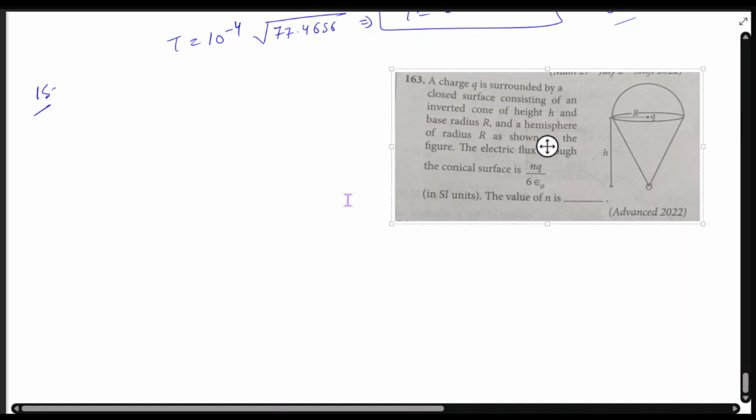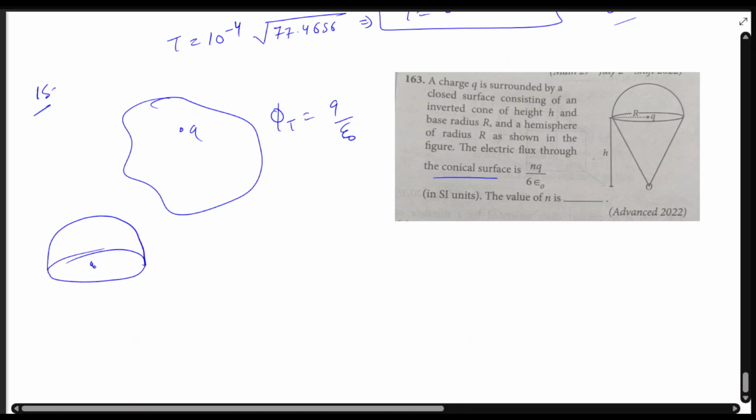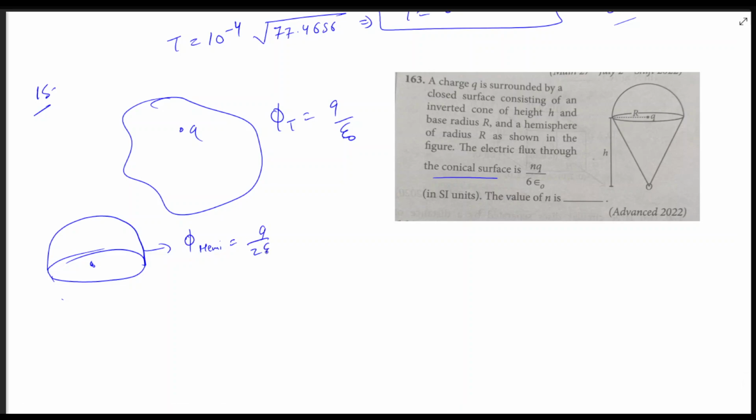Okay. So we have a charge Q surrounded by a closed surface consisting of an inverted cone and a hemisphere. So electric flux through the conical surface. Okay, perfect. So look, if there is any closed surface, the total flux will be Q upon epsilon naught, right? And due to the hemisphere, the flux will be Q upon 2 epsilon naught.